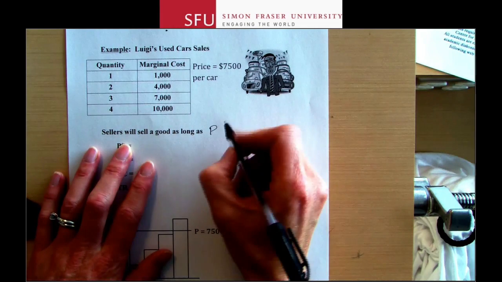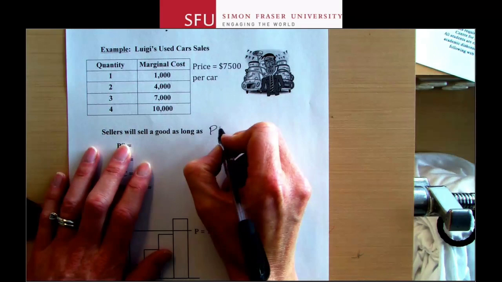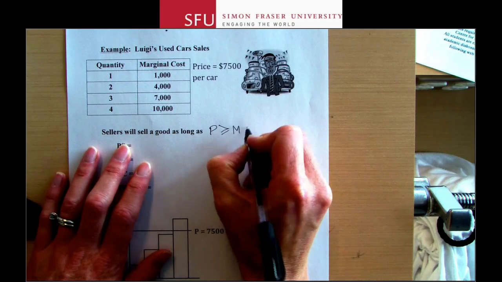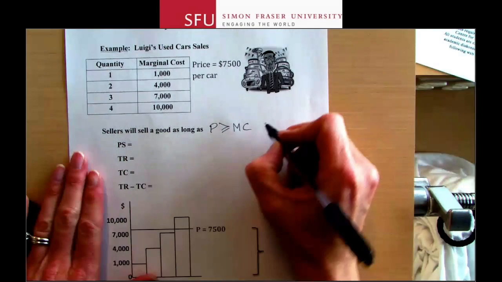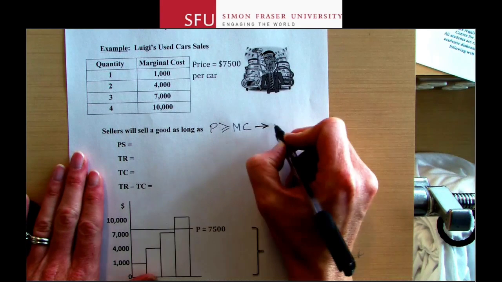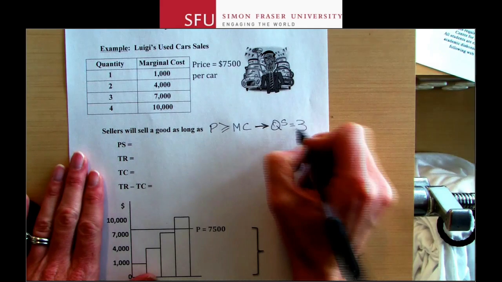So sellers will sell a good as long as the price is greater than or equal to marginal cost. For this example, the quantity supplied, QS, will be 3.